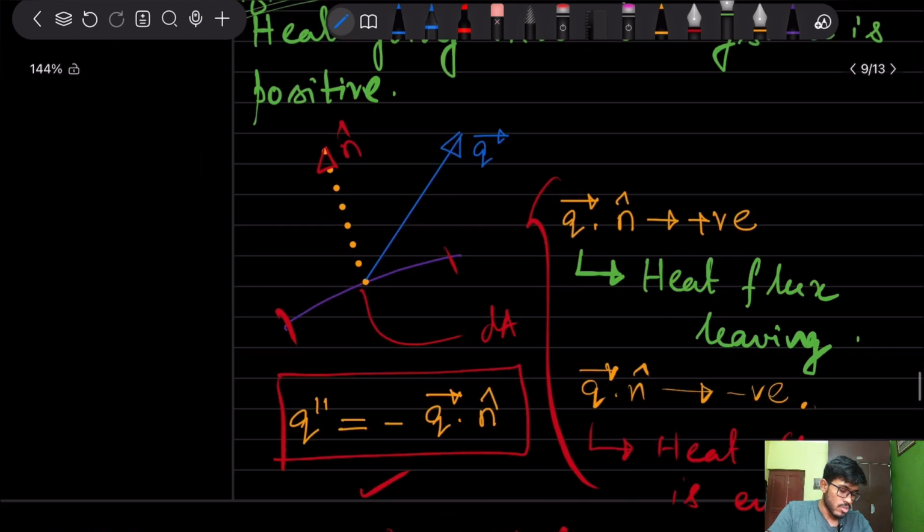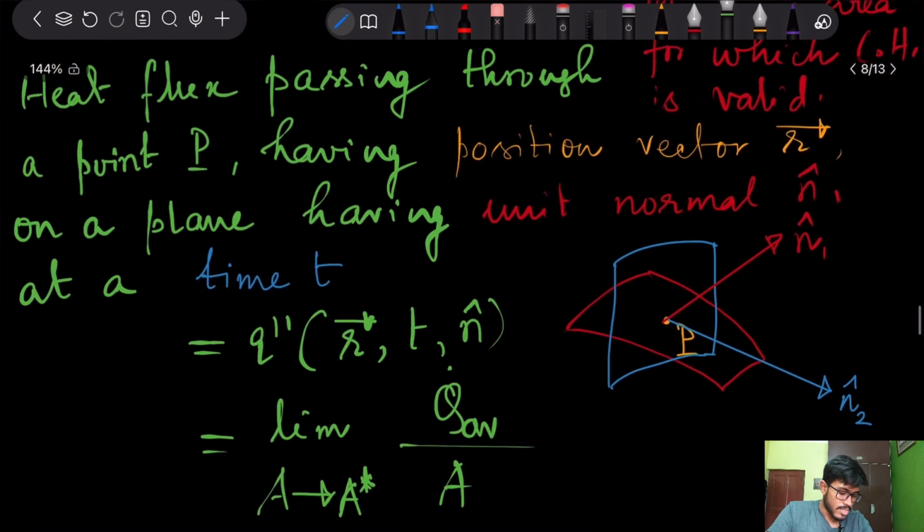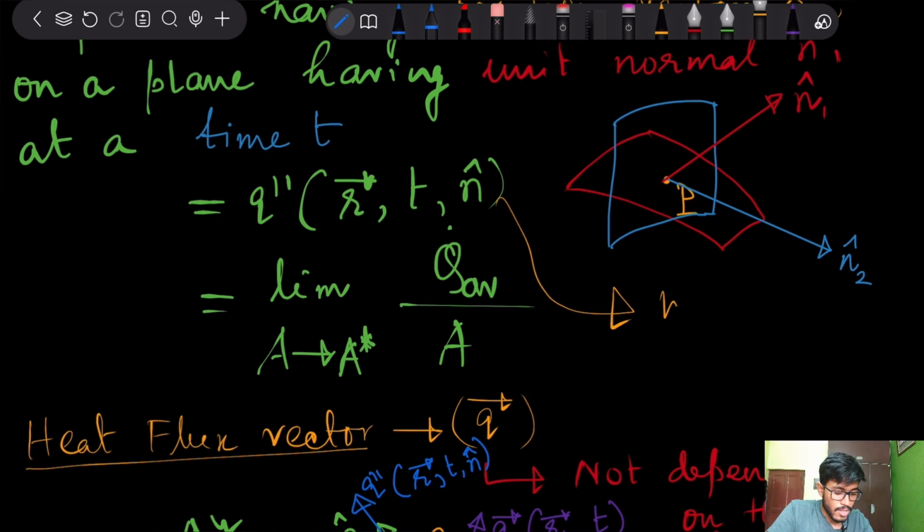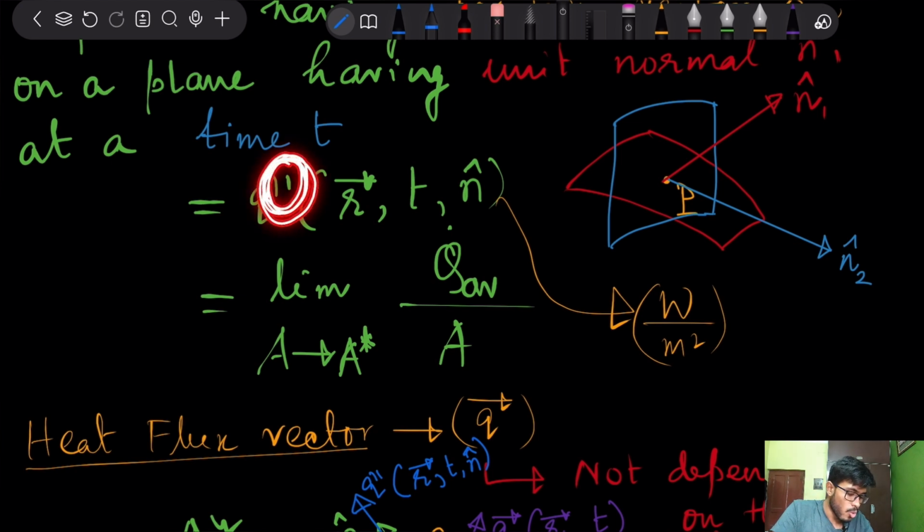So q double prime has the unit of what? You must be able to say this. This is watt per meter square. And just see why it is denoted as q double prime. These two prime signs denote nothing but the power on this meter square.